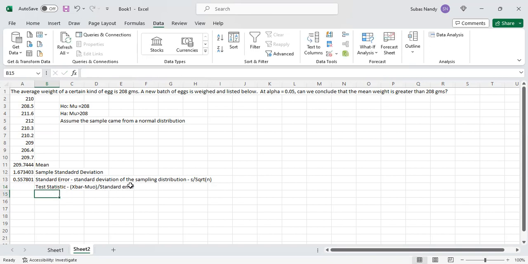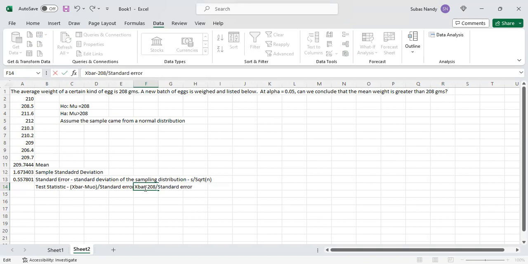Remember my mu 0 is 208, because this is the hypothesized population mean. So X bar minus 208, the hypothesized population mean, divided by the standard error. Okay, that's your test statistic.